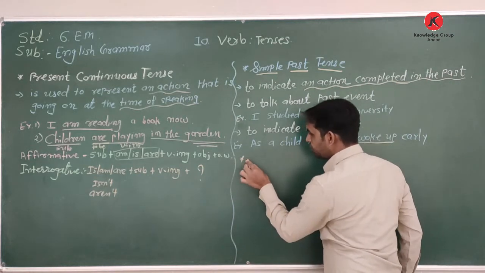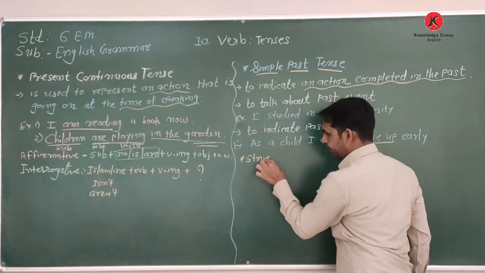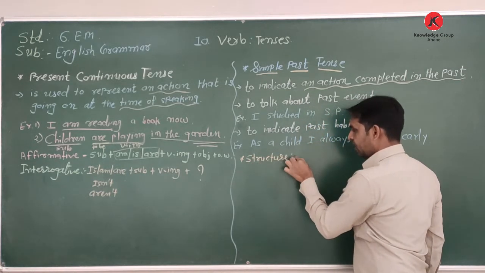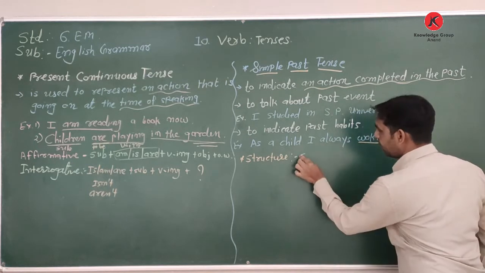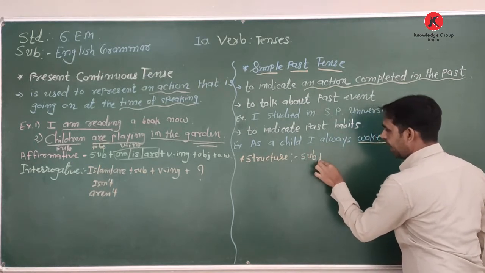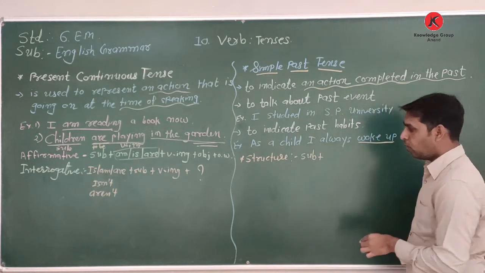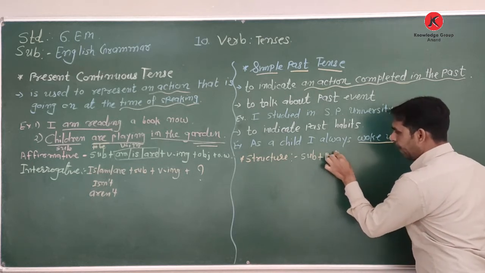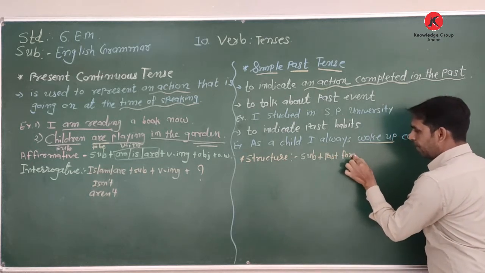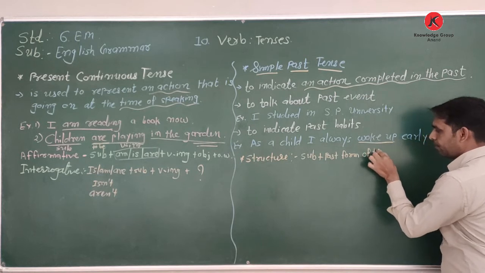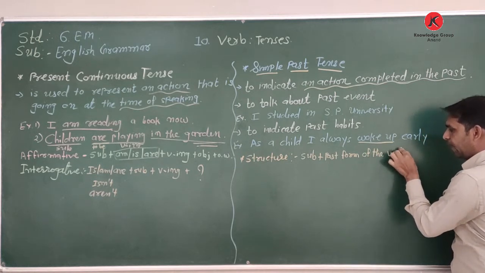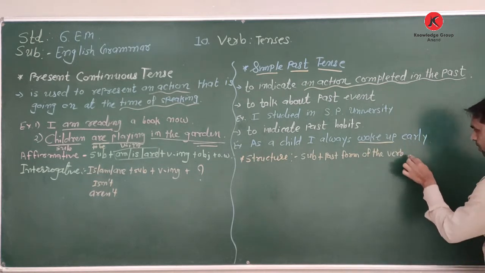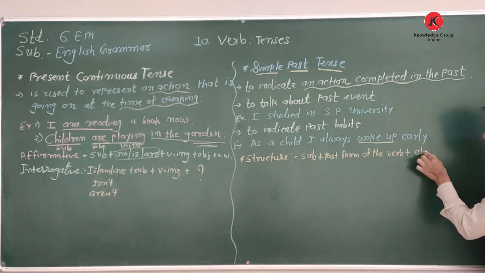So here is the structure. What is the structure? First write subject plus the past form of the verb. Then write the object.